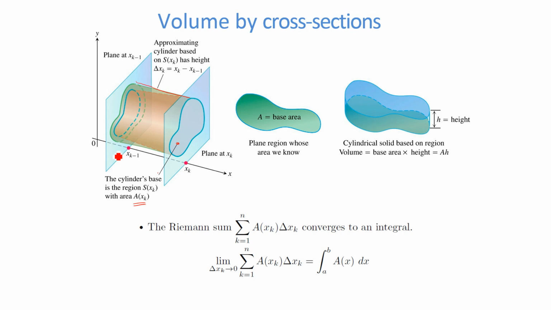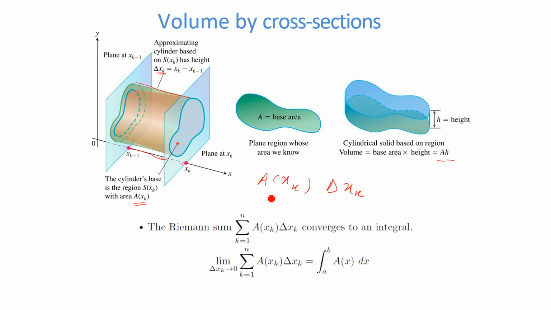The height is in fact the length of this interval, x_k minus x_{k-1}, that is delta x_k. So what is the volume of this little piece of the solid? It is base area multiplied by height. Base area here is A(x_k) and height is delta x_k.